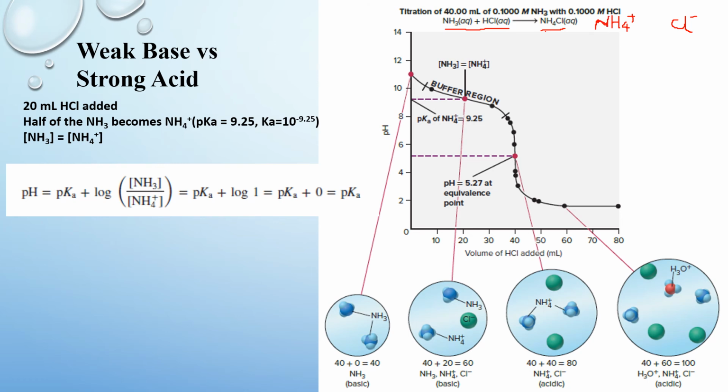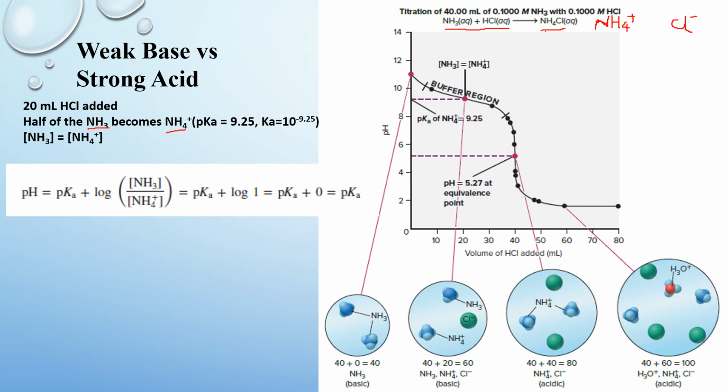So very similar to the titration between the weak acid and strong base, you have this buffered region. In the middle is where we add 20 milliliters of the hydrochloric acid. In that case, you have half of the initial ammonia converted to ammonium, so you have a 1-to-1 ratio for these two components in the buffer.